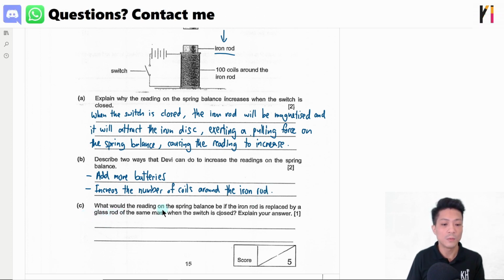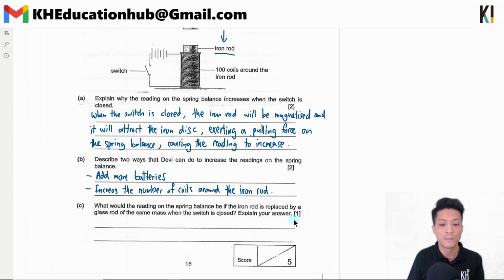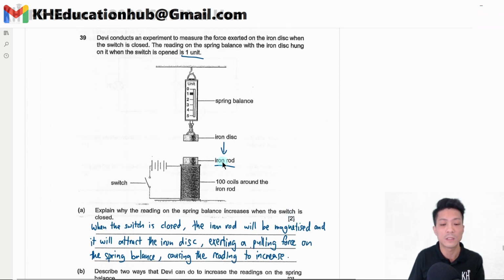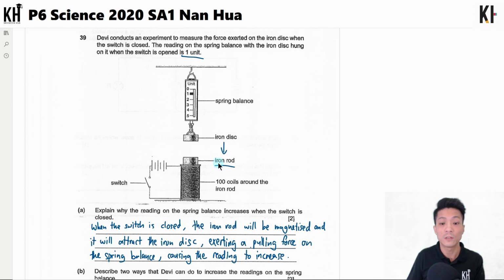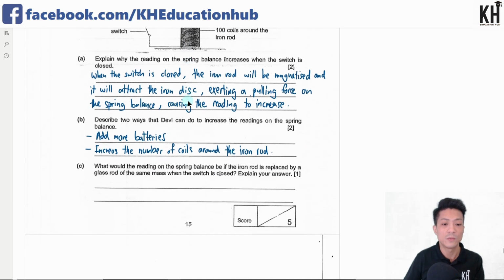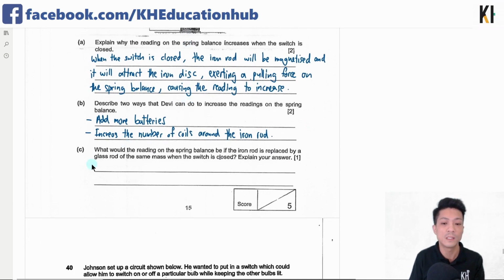For part C, what would the reading on the spring balance be if the iron rod is replaced by a glass rod of the same mass when the switch is closed? Explain your answer. So when the iron rod is replaced with a glass rod, it is not going to be magnetized, and so it's not going to exert any force of attraction on the iron disc. Remember the original reading is 1 unit. A lot of students will write that the reading on the spring balance is 0.